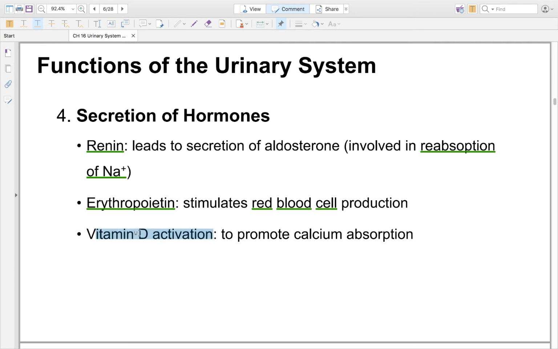Vitamin D is an incredibly important vitamin, and one of the reasons is because it promotes calcium absorption. Why would we need calcium absorbed? Well, we need it for our bones, our teeth, and we need to make sure our calcium is properly stored into our muscles so that they can perform their job in muscle contraction.